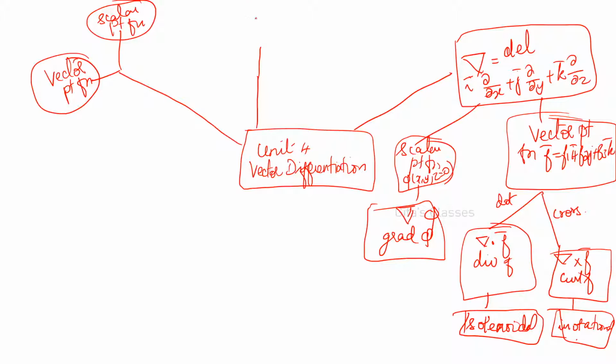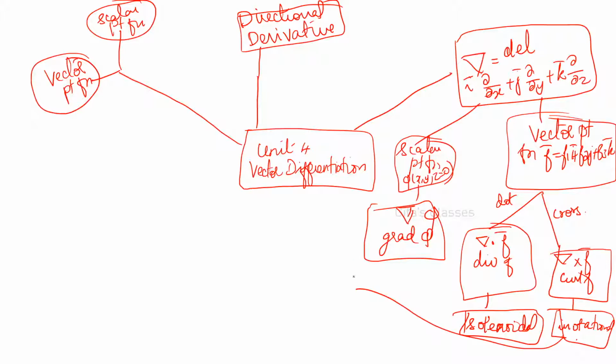Then we have directional derivative. Before this itself you can see directional derivative. And if it is irrotational, then we can find out the scalar potential also. For irrotational, you can find out scalar potential.